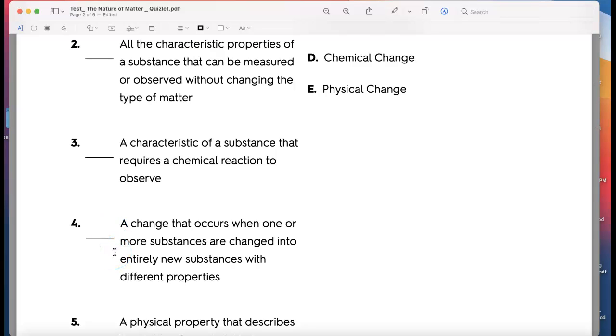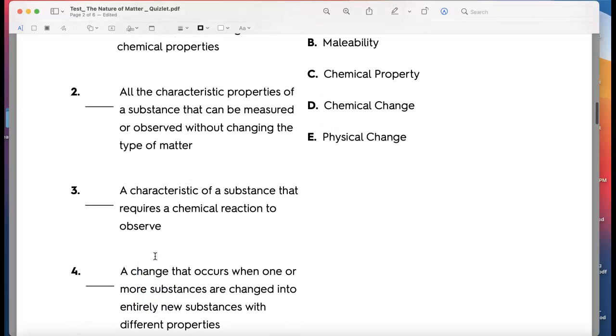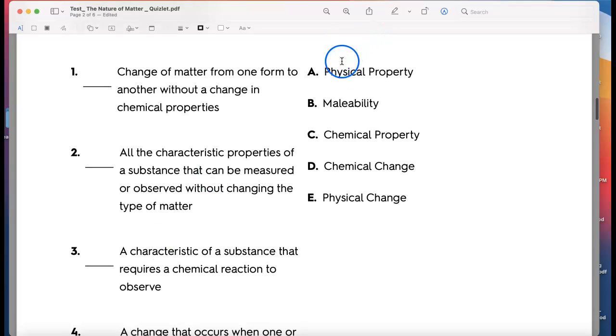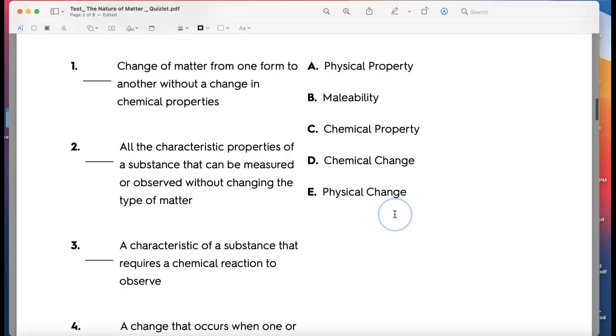Number 4, a change that occurs when one or more substances are changed into entirely new substances with different properties. Is that a physical property, malleability, chemical property, D, chemical change, or E, physical change?